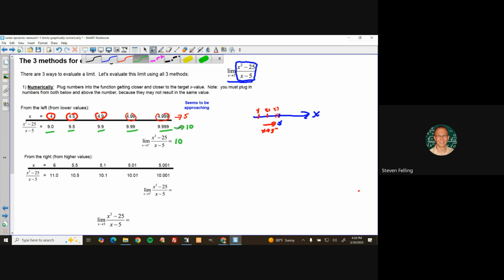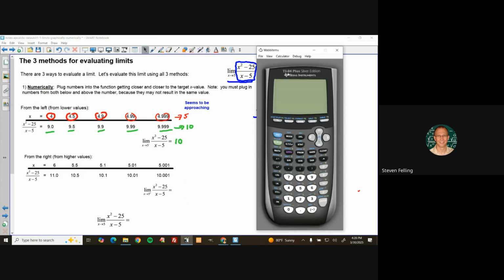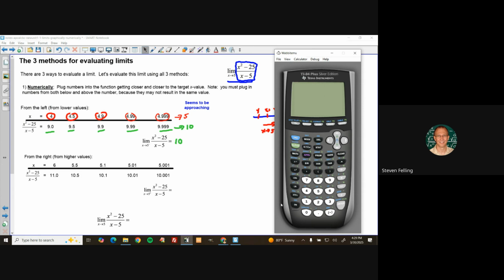Now, there's a quick way to evaluate all this, and that would be if you have a calculator, you can take the function that produces y and enter it as if you're graphing. So you can say parentheses, variable squared minus 25, divided by parentheses x minus 5. Then you can go to your second window to set the table setting up to be asked for the independent variable.